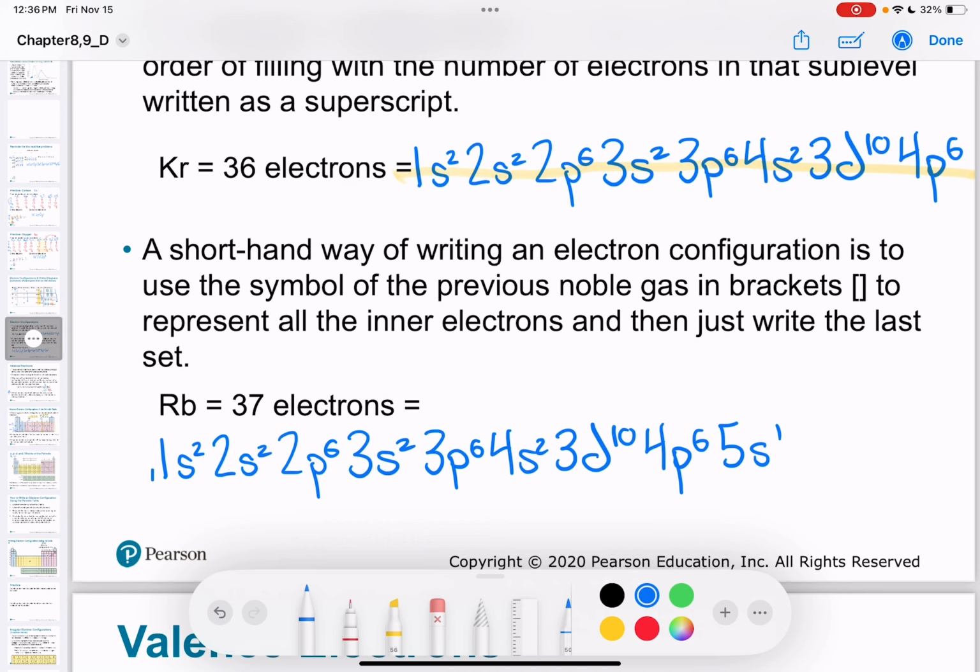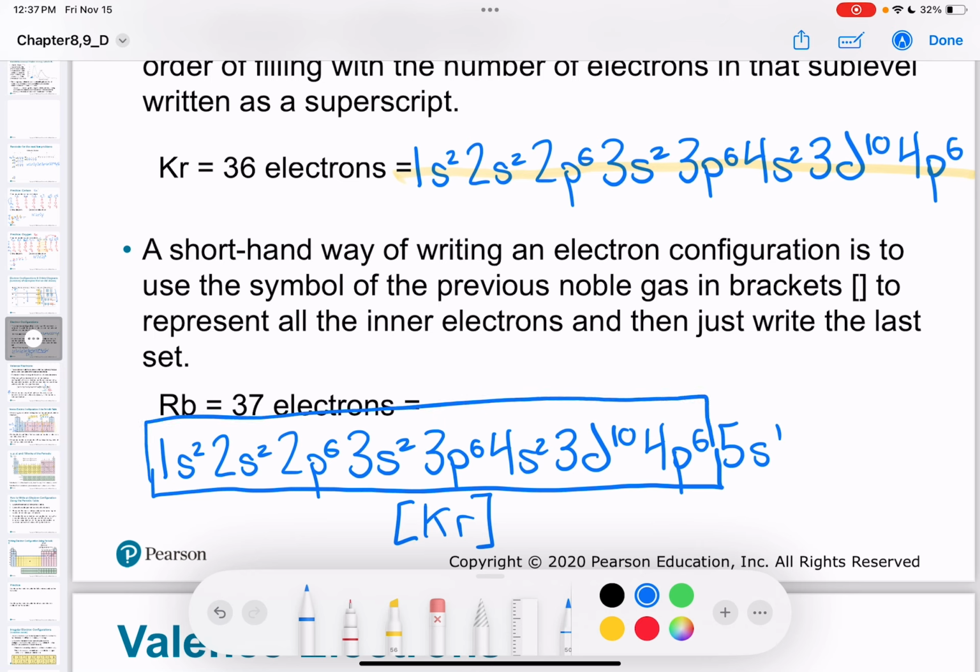So instead of writing all of this over again, we write Kr in brackets as a substitute for this entire thing. So we're basically saying rubidium is the same as the electron configuration for Kr plus 5s1.